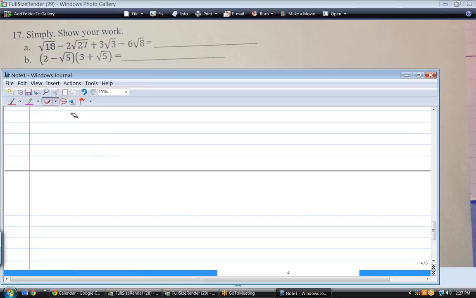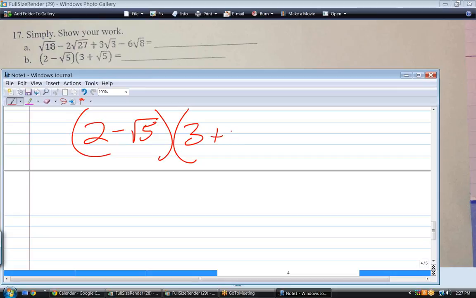All right, here we're multiplying. You know, it doesn't matter if you're talking variables, numbers, complex numbers, radicals. You're going to do FOIL with all of them. So what do you get? You get negative 6. Hold on. Positive 2 times positive 3.